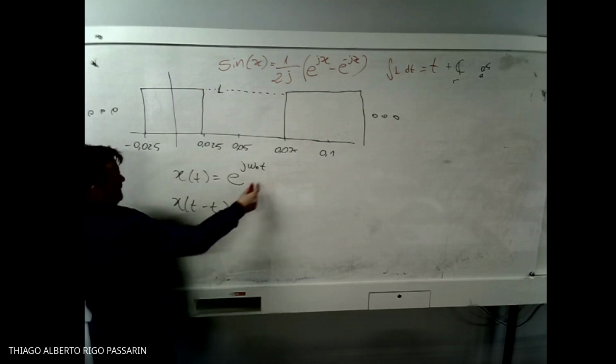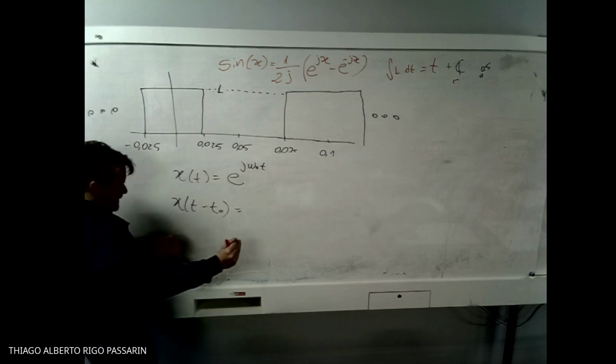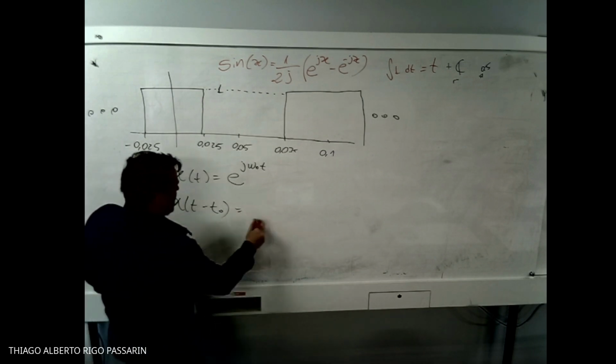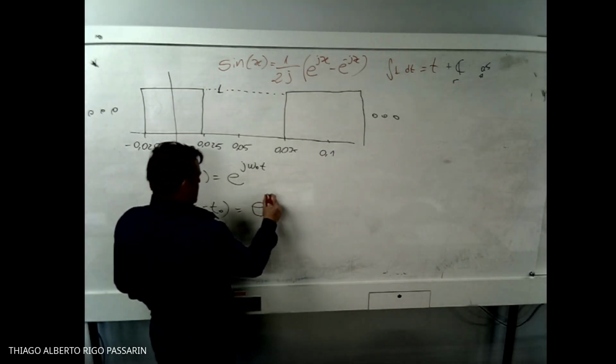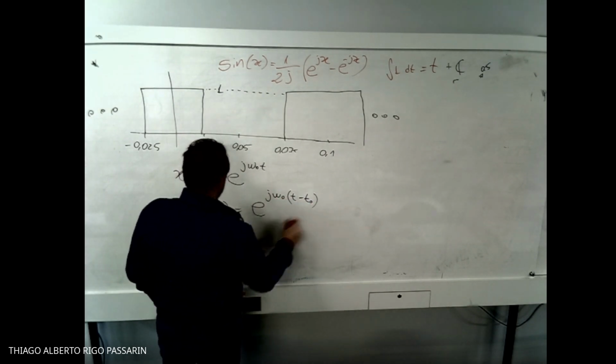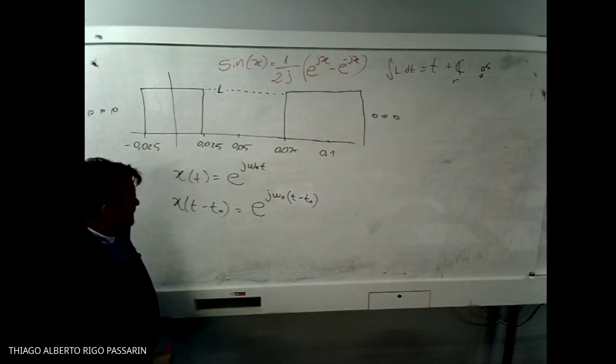Well, I just have to substitute t for t minus t0 here. So if I shift the exponential, I will have a shifted exponential, e to the j omega 0 (t minus t0). I'm shifting the signal by t0 seconds to the right.